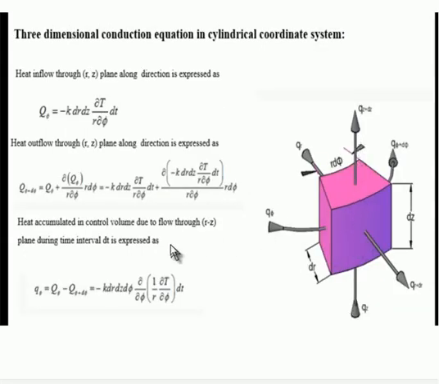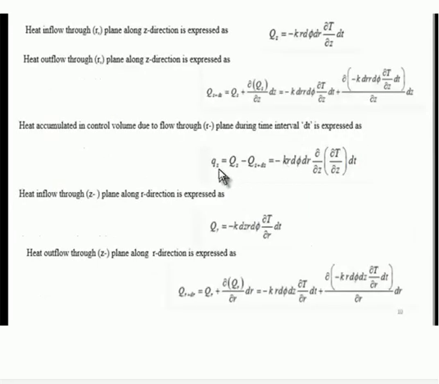So qz minus qz plus dz is equal to k r d phi dr into dou by dou z of dou t by dou z into dt.